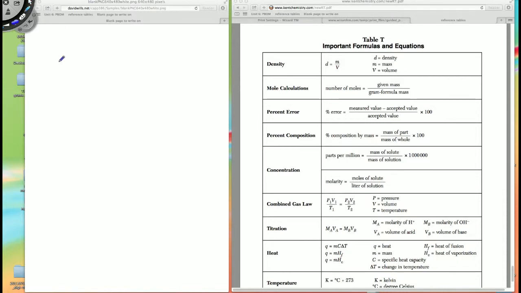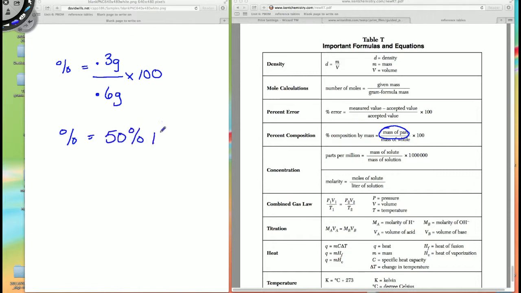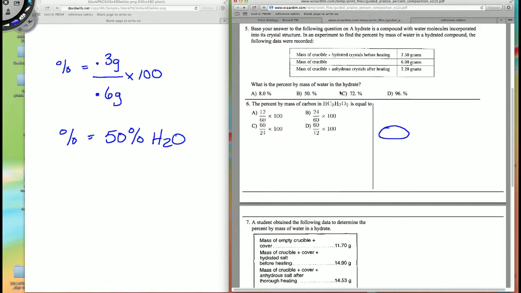So my percent is going to be the mass of my part, which is 0.3 grams, over the mass of my whole, which is 0.6 grams, and I'm going to multiply it by 100, and I'm going to end up with percent equals 50% water. And I can write water in here so that everybody is all happy. Okay, so here's my answer right here, 50% water.